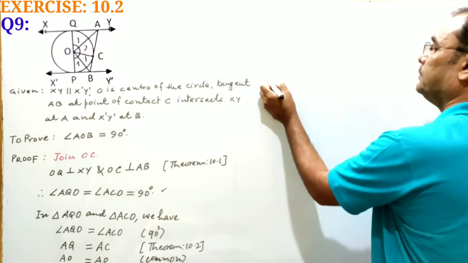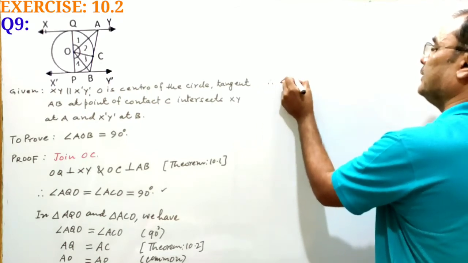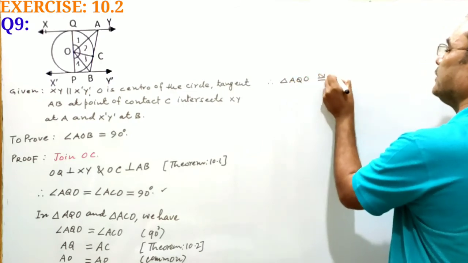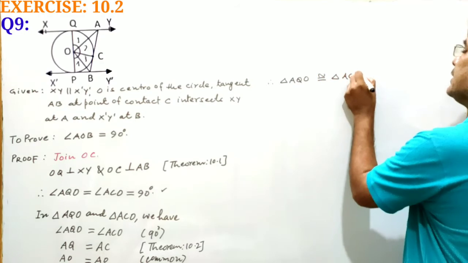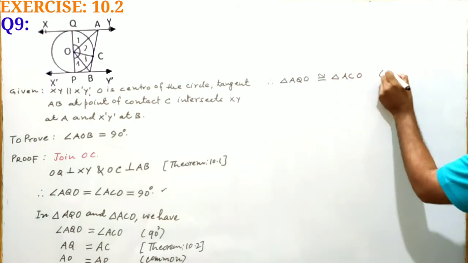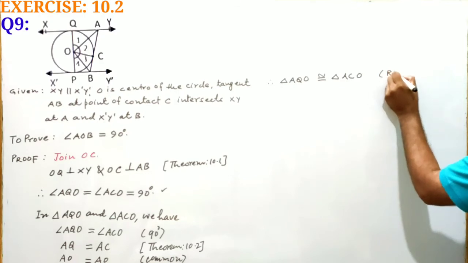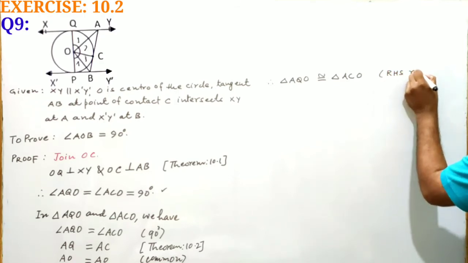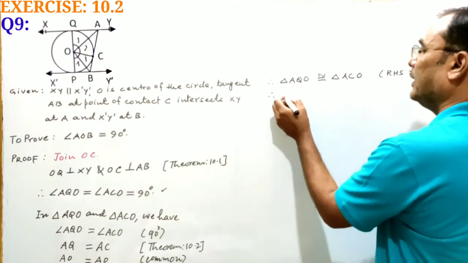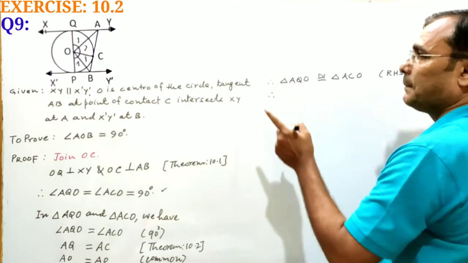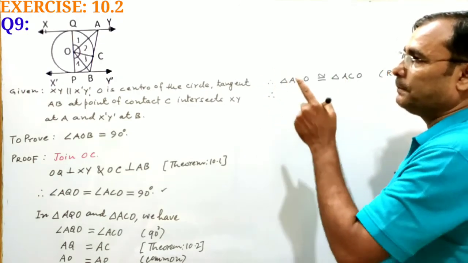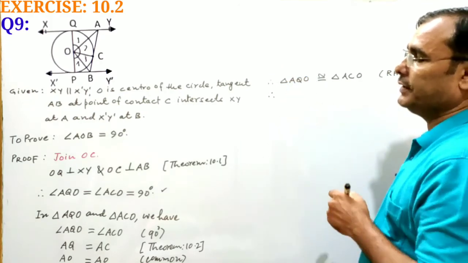Therefore triangle AQO is congruent to triangle ACO by RHS rule, and therefore angle AOQ is equal to angle AOC.